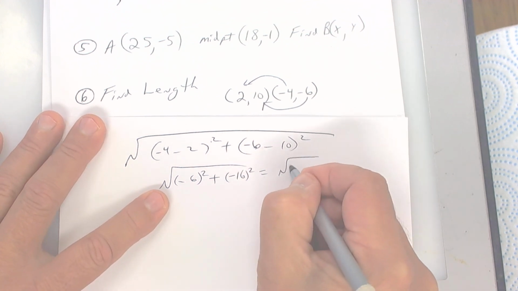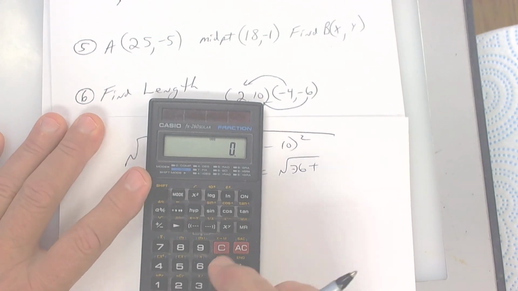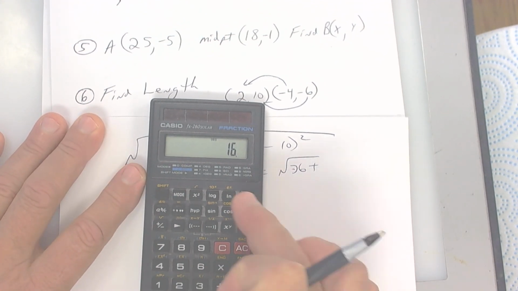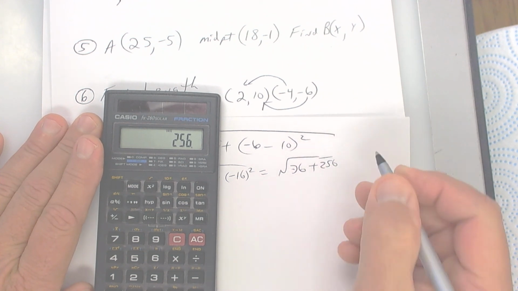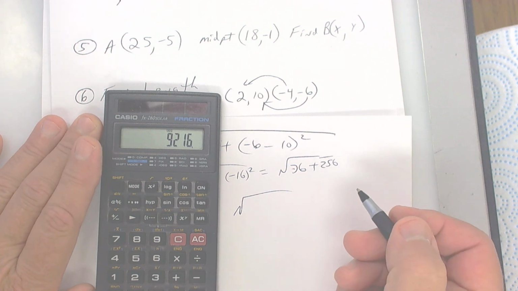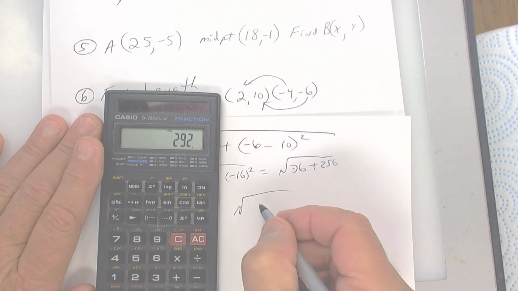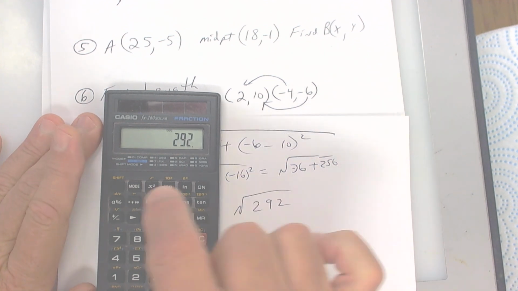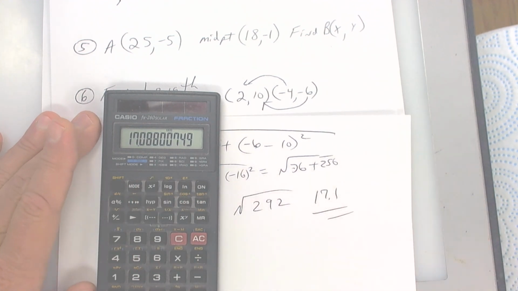That gives me 36 plus 16 times 16, I don't know what that is. So 16 squared is 256 plus 36 is the square root. I don't think I did that right. So 256 plus 36 equals 292, and then I hit shift, square root, and I get 17.1. Okay, I'm going to stop here.